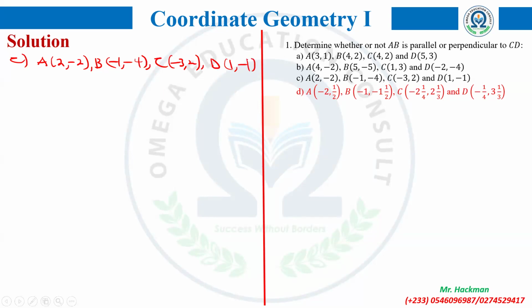Okay, I'm going to pause here. Find the gradients, then you come and look at it together. You are going to find M AB, the gradient of AB, yourself, and that of CD yourself. When you are done, then we come and compare our answers.